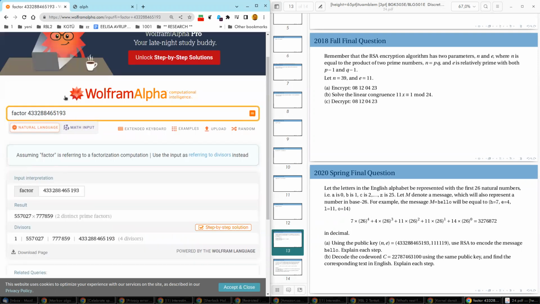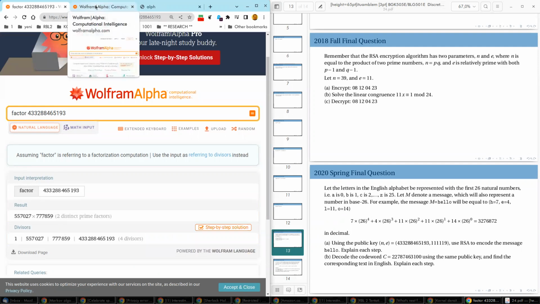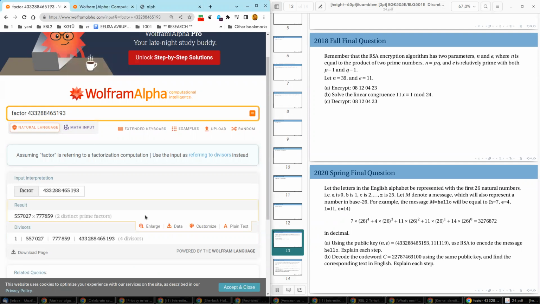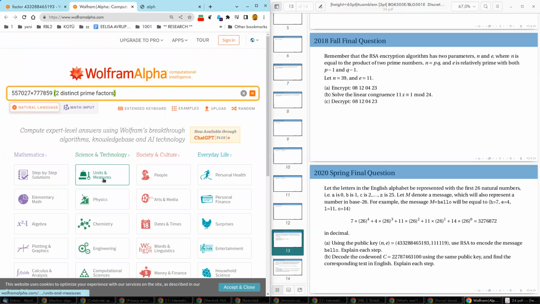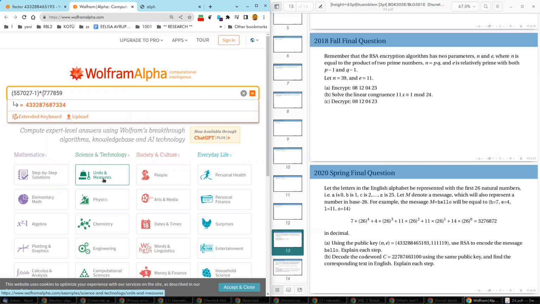First of all, let me keep this. Let me open a new tab here. I need the value P minus 1 times Q minus 1. Okay, so maybe I can copy this, paste here. So this minus 1 times this minus 1.